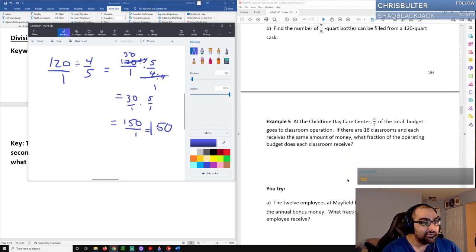The next example says, at Child Time Daycare Center, 6/7 of the total budget goes to classroom operation. If there are 18 classrooms and each receives the same amount of money, what fraction of the operating budget does each classroom receive?